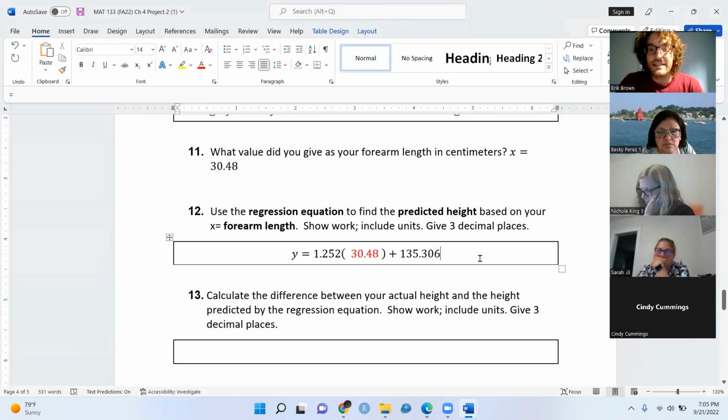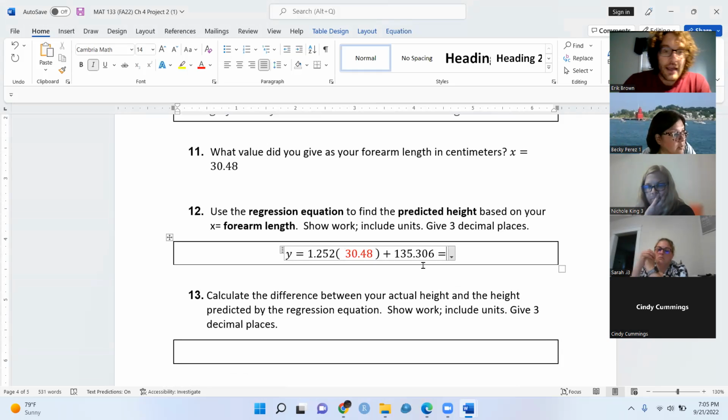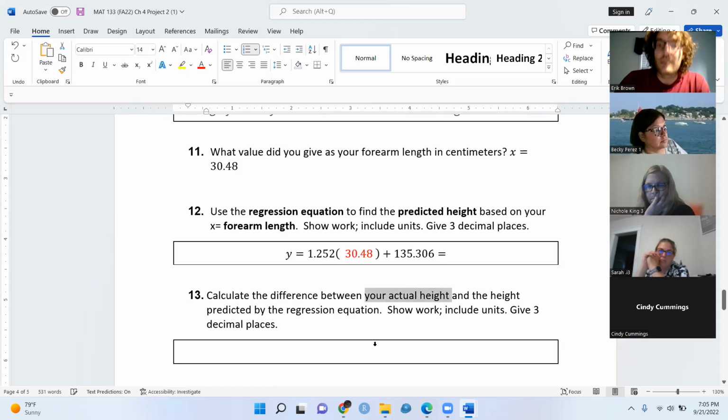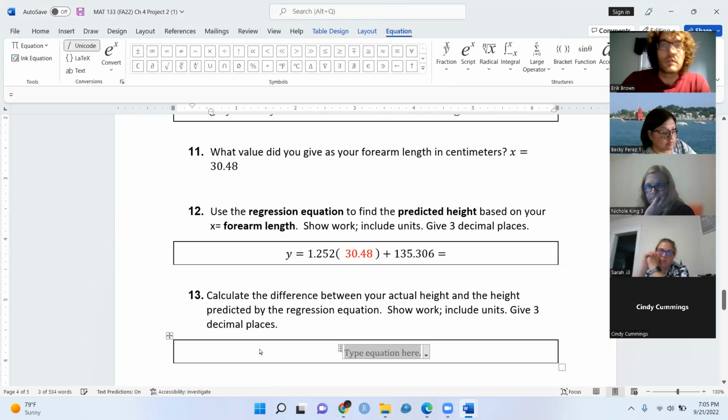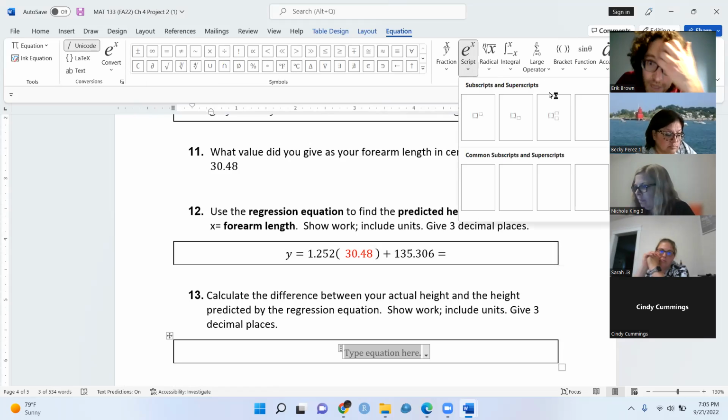So this is predicting a Y value for your height. And then here it says calculate the difference between your actual height and the predicted height. That's the residual. So that's this, let me see, where's the hat thing?